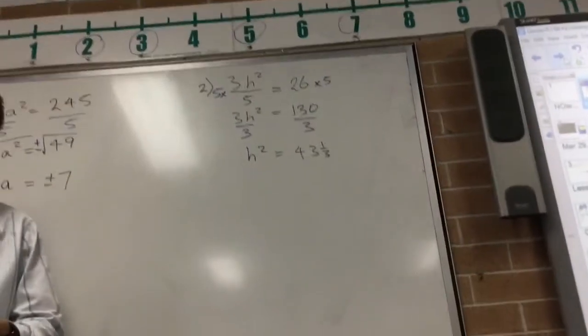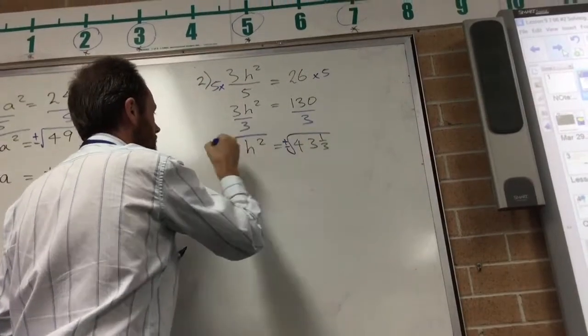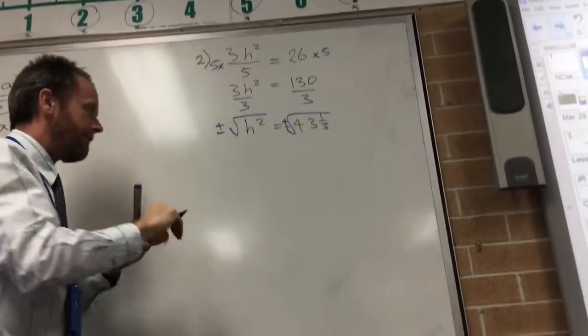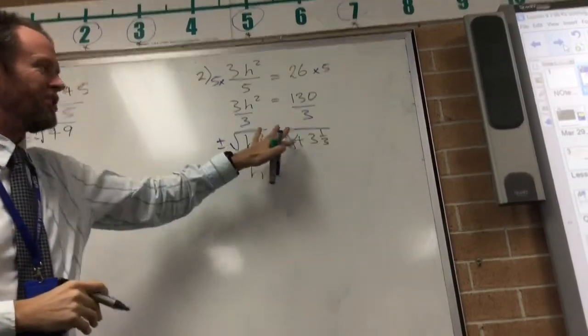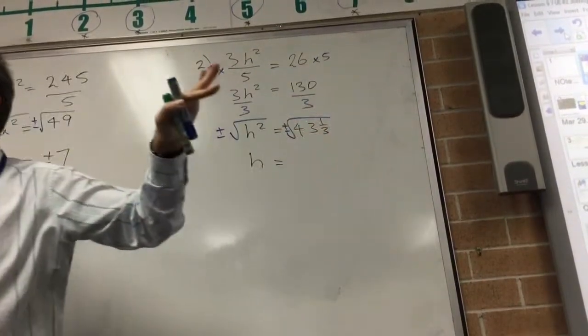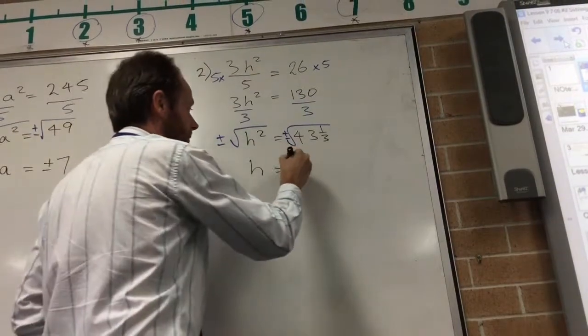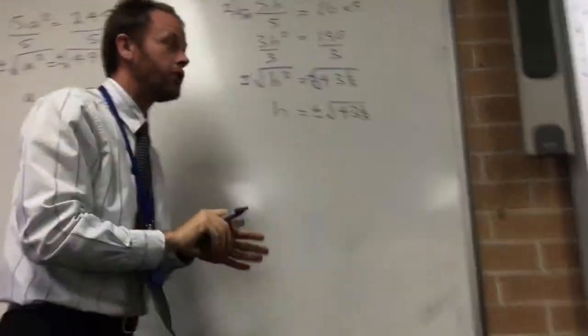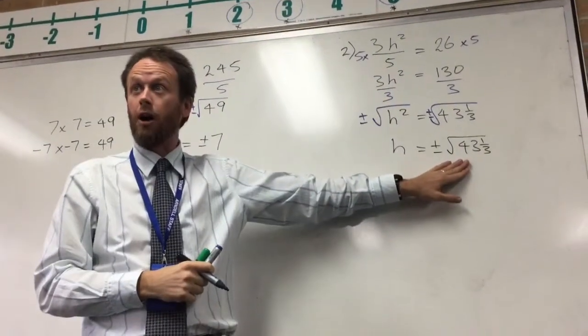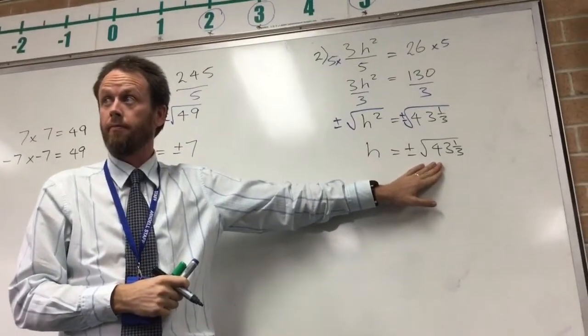Do you think that's going to work out nicely when I find the square root? No. So when I find the square root, I find that h is equal to, and because it's not going to be nice, I'm actually going to leave it like that. You could, depending on the question, find the decimal answer to that.